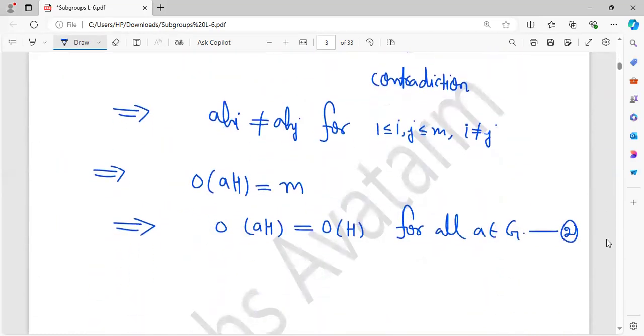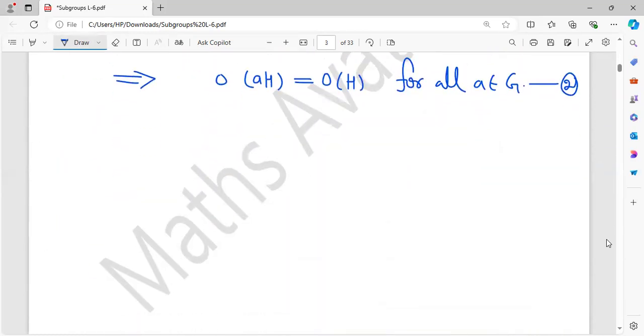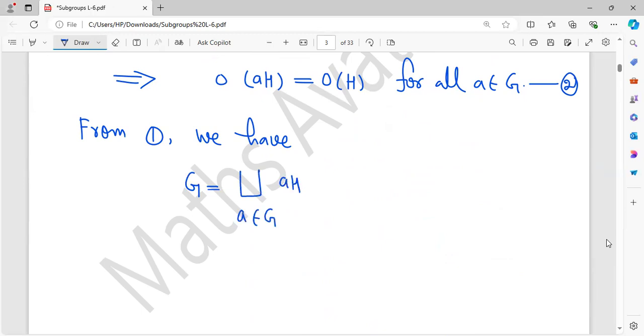From 1 we have that a belongs to this aH. G is finite.